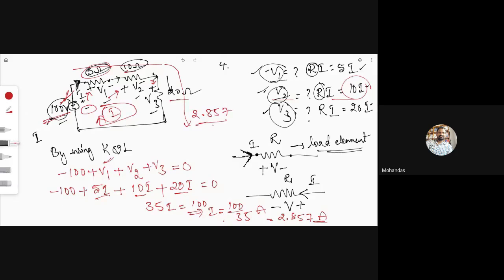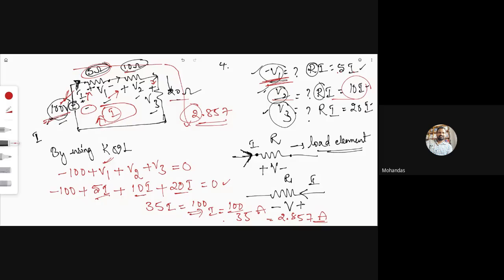Once you get the current here, we know the voltage drop across R1 is simply 5 into I. Substitute the I value and you can calculate the voltage drop across resistor R1. Please, all of you find the V1, V2, V3 values here. If anybody has any doubts, you can ask. What is the V1 value?